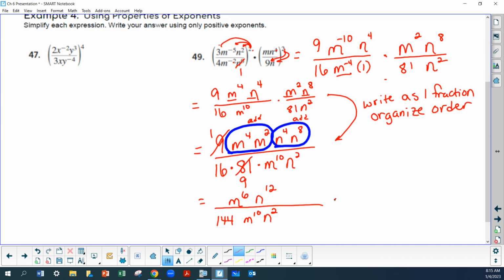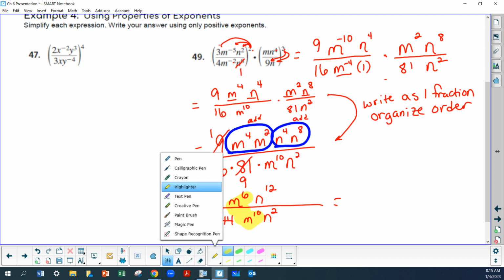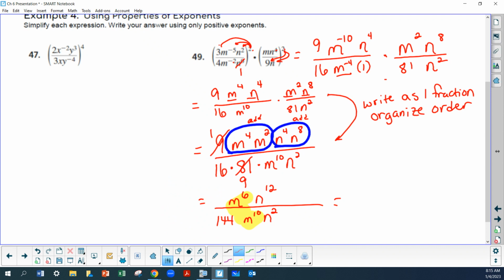One last step, because we have, let's get a highlighter here. M's over M's, we can simplify that. That's yesterday's rules. We can subtract the exponents. When it's a quotient, it's subtraction. Let me get back to my pen. So I still have my 144. 6 minus 10 is negative 4.